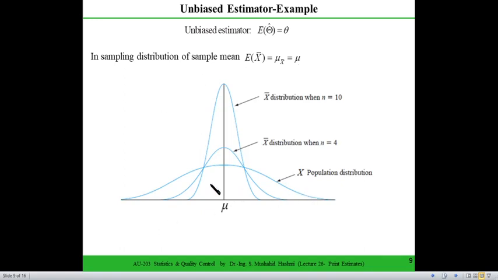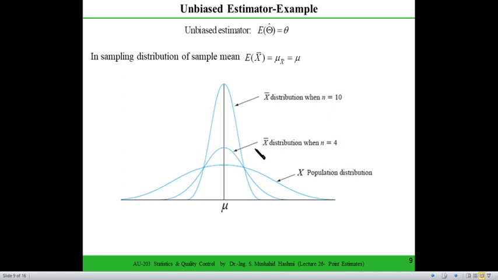So let's say you have this population represented by X, and this population parameter is mu, which is something about the population. If you take samples, let's say of sample size 4, and calculate the sample mean, the sample mean is a point estimator.